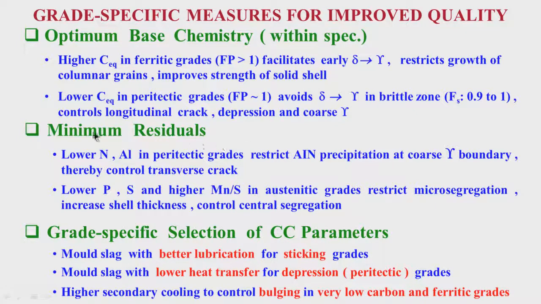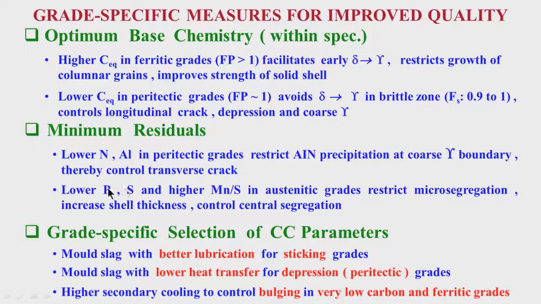So, we have to be careful about peritectic grades. We must have lower nitrogen and aluminum, and we have to be careful about microalloying elements like niobium and vanadium in these grades.